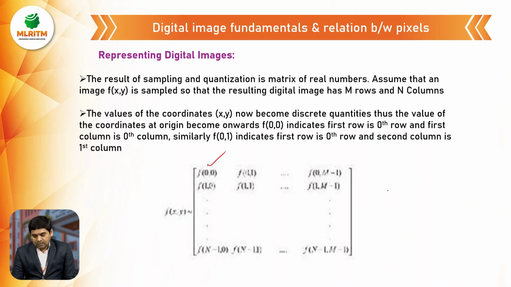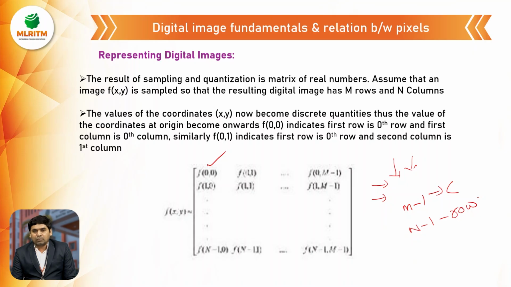This means there are a number of rows and a number of columns. Here m minus 1 is for columns and n minus 1 is for rows, according to our representation. An image is always represented in matrix form.